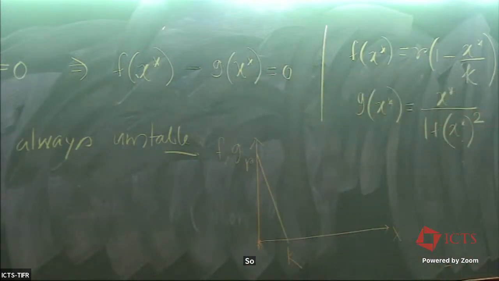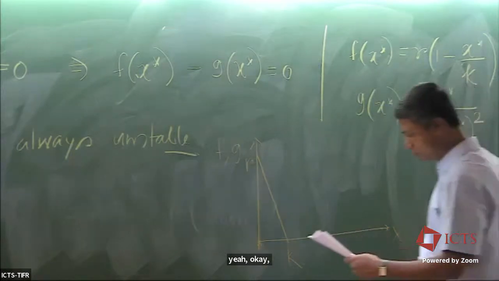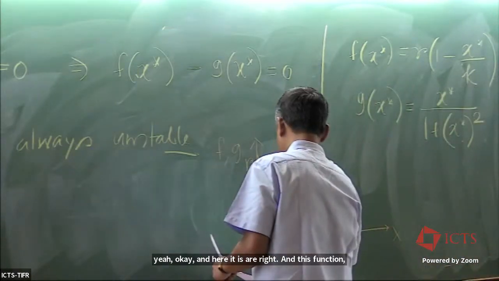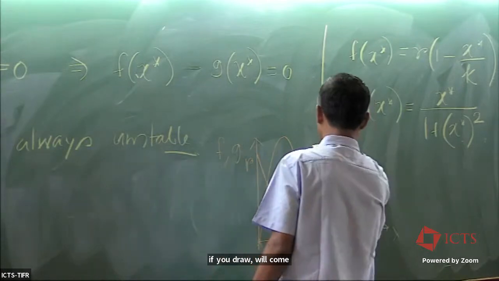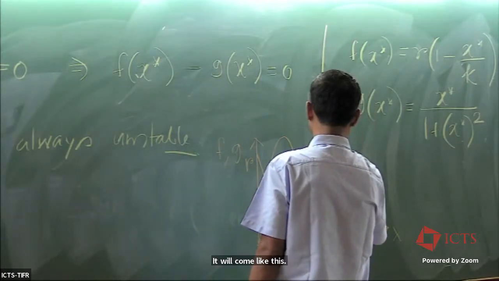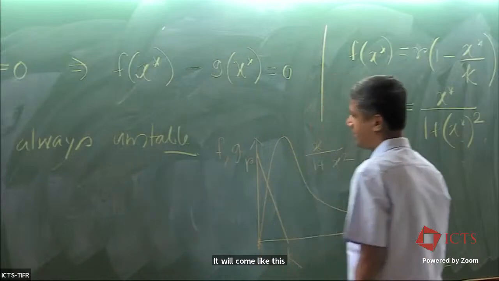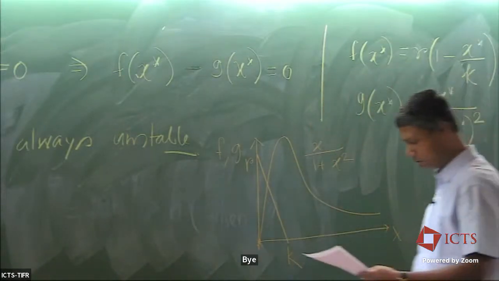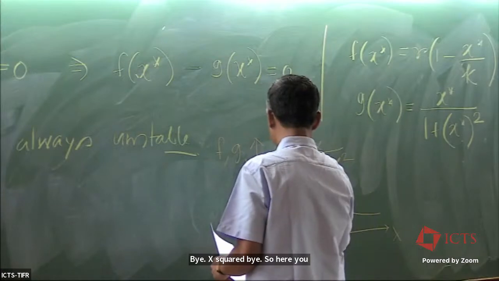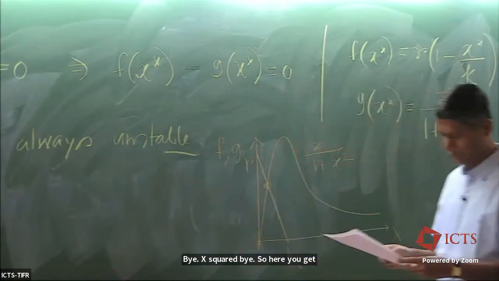And this function, if you draw, it will come like this. X by 1 plus x square. Right? So here you get one fixed point already.